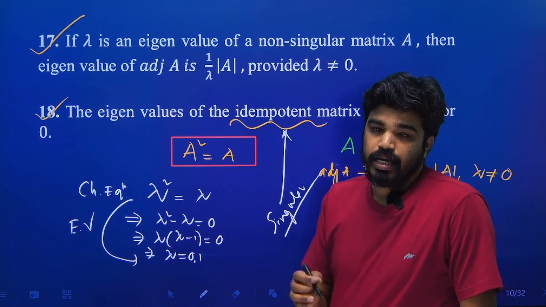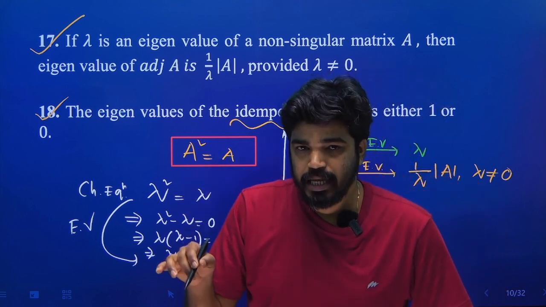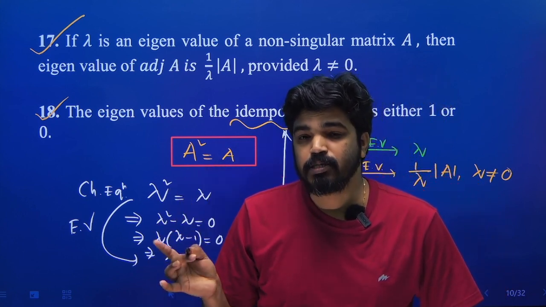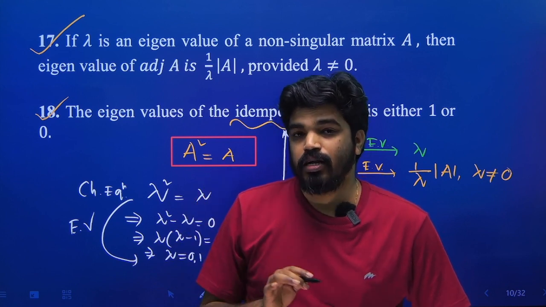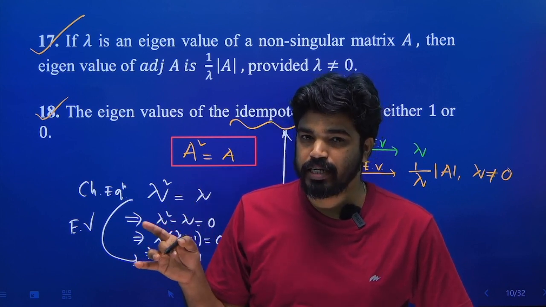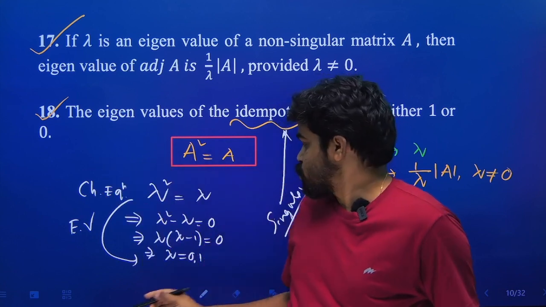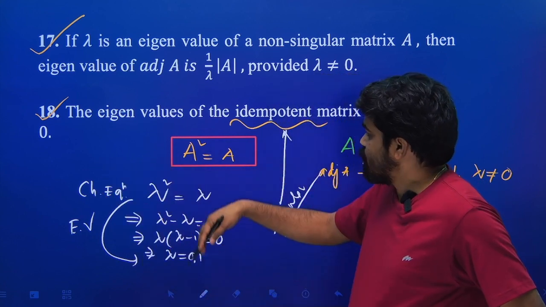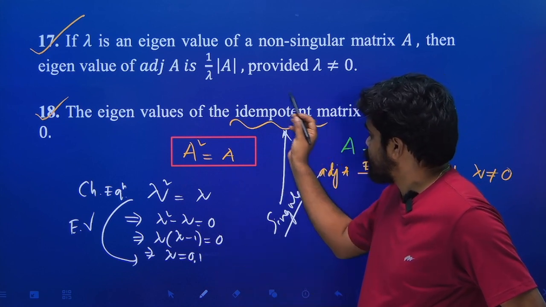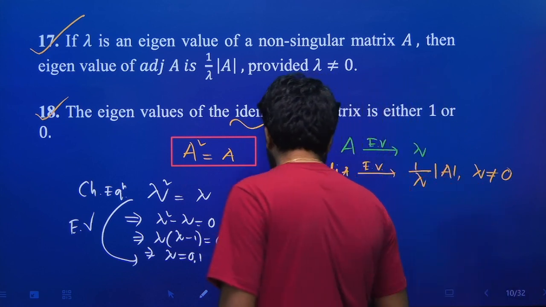We know that if 0 is an eigenvalue of a matrix A, then that matrix must be singular. Conversely, if A is a singular matrix, then 0 must be an eigenvalue. So we see that 0 is an eigenvalue of the matrix A. So this matrix must be a singular matrix.